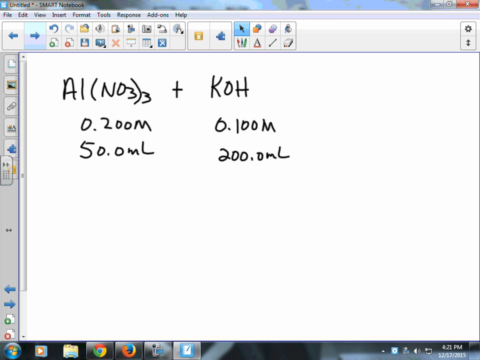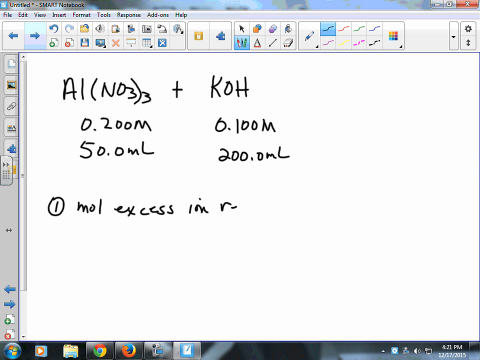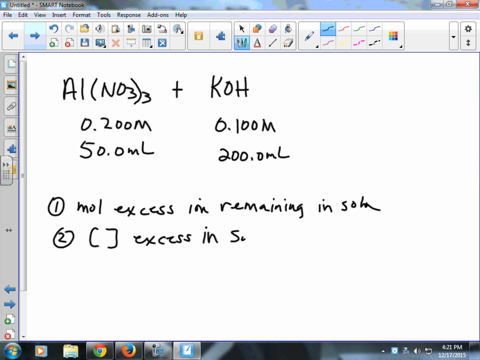Okay, we are going to find moles of excess ion remaining in solution. We're going to find the concentration of the excess ion remaining in the solution.